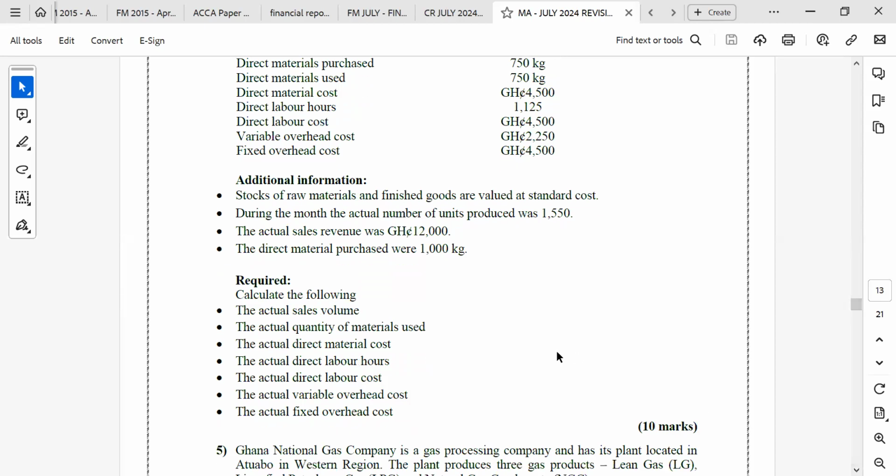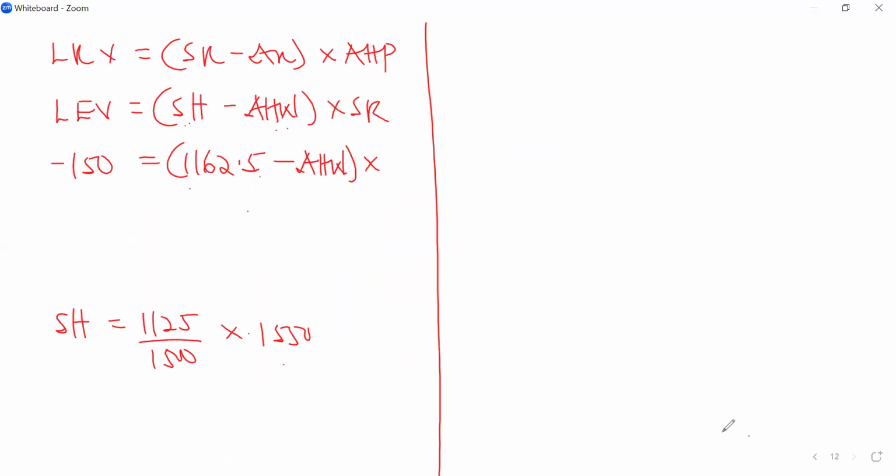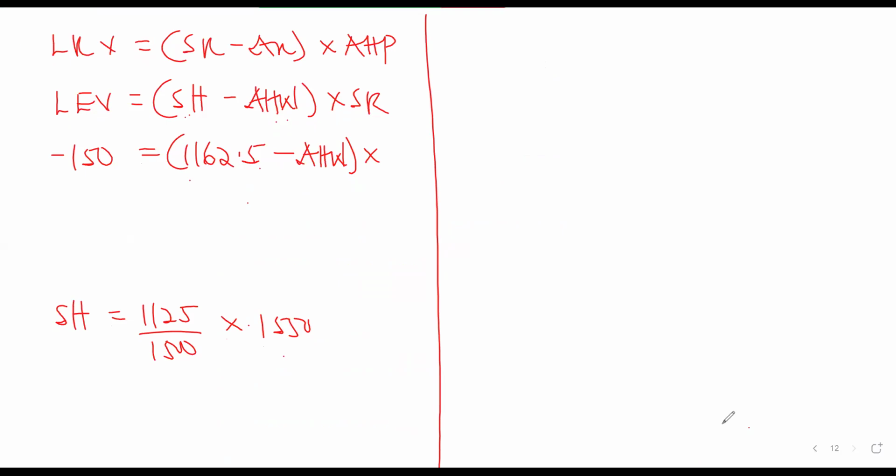So we have a standard rate of 4 cedis per hour. So we can now have this multiplied by 4. Is that correct?